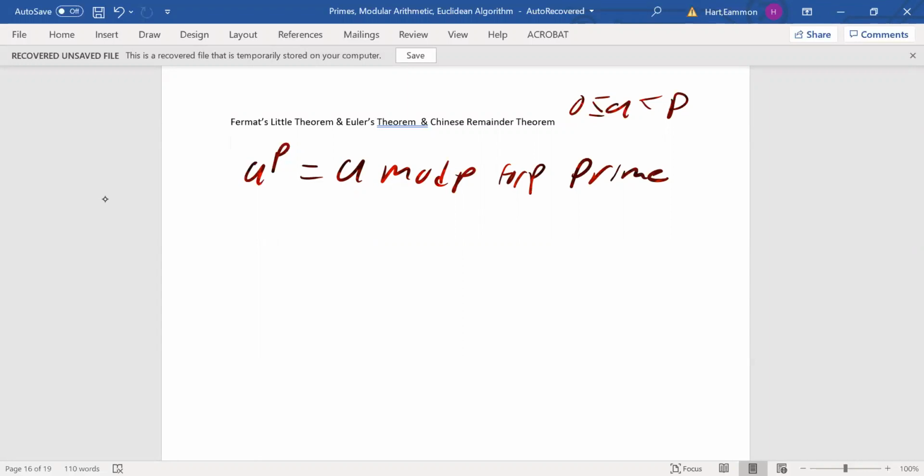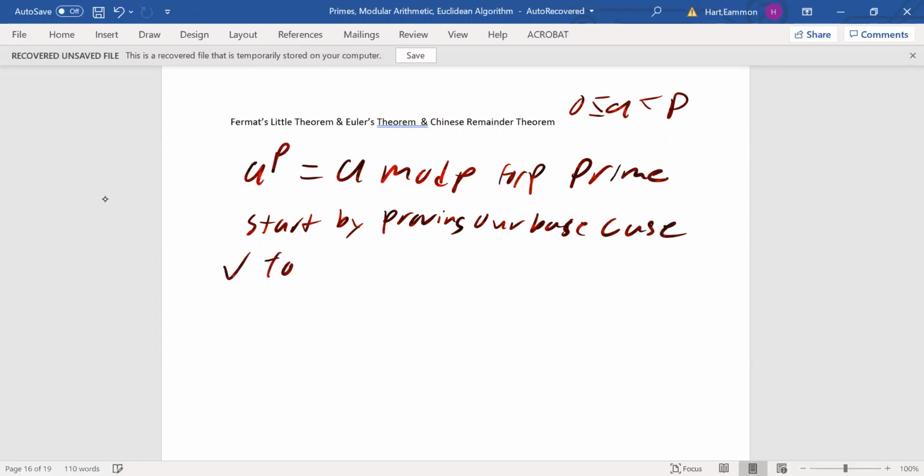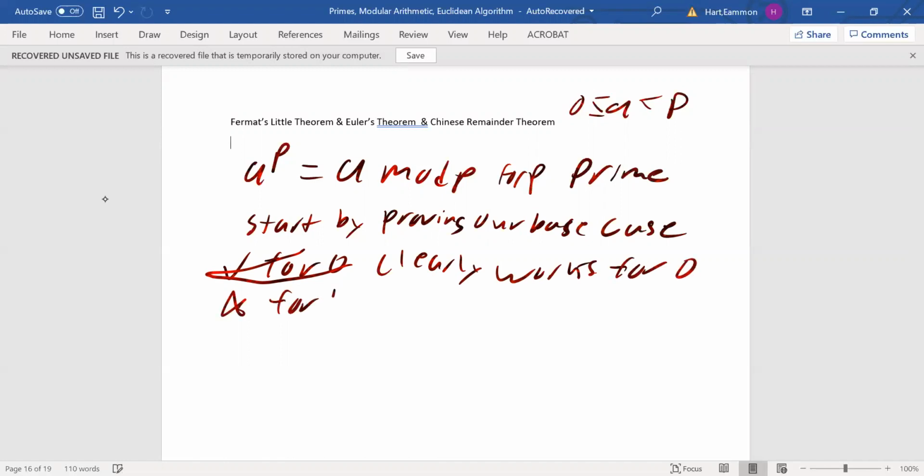But let's go about proving this guy. So start by proving our base case. So it checks out for 0. 0 clearly works for both 0 and 1, and for 1. So we'll use 1 as our base case for the sake of simplicity.